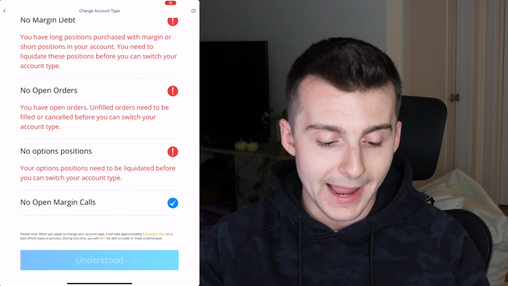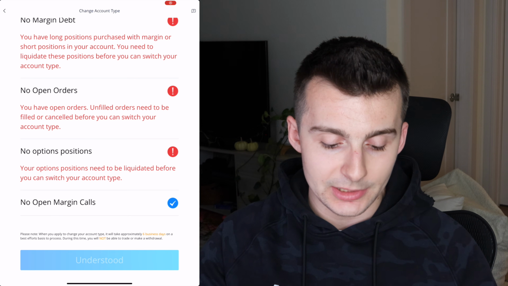And now once you have that account classification, let's say you have now a cash account on Webull, you're no longer going to have to worry about the pattern day trade rule, okay, if you have a cash account. So let's say you have $1,000 now in a Webull cash account. If you have $1,000 fresh and you were to make a day trade with $1,000 right now, buy and sell within the next 10 minutes, you're going to now have $0 of settled cash for the next 2 days, okay?